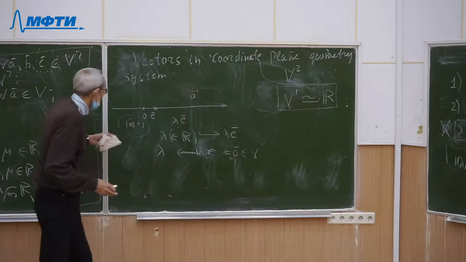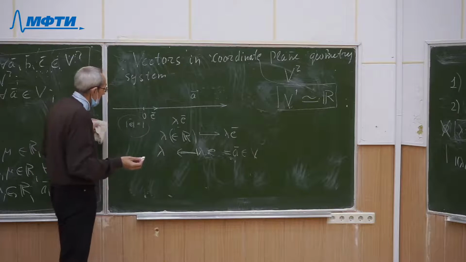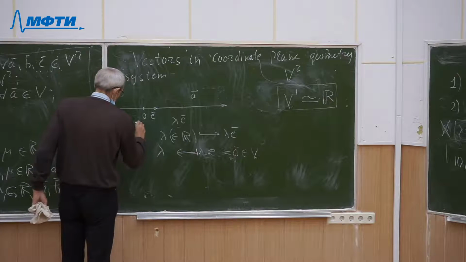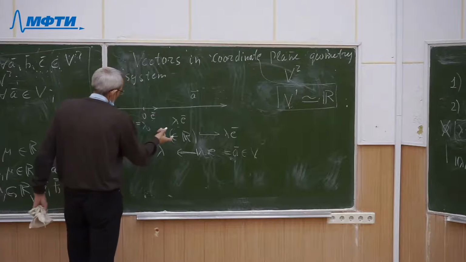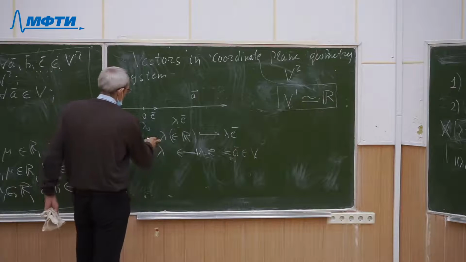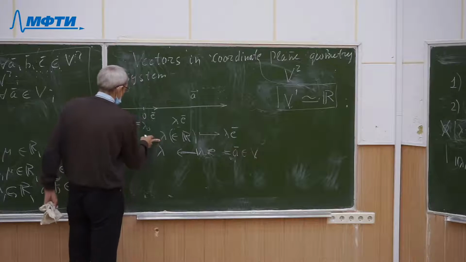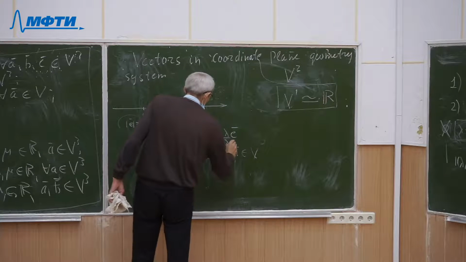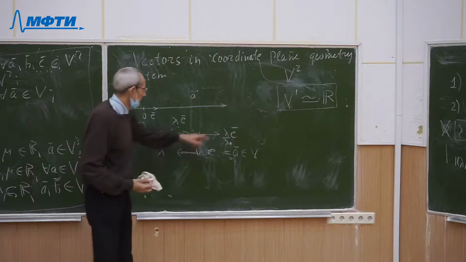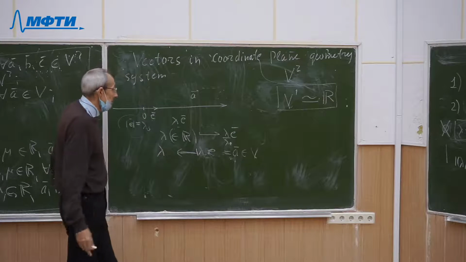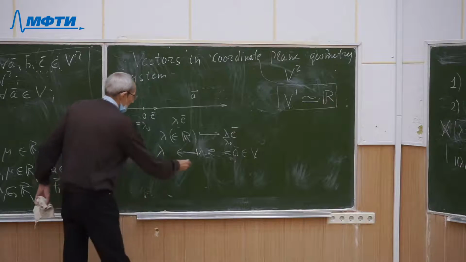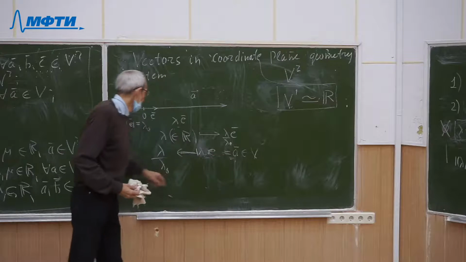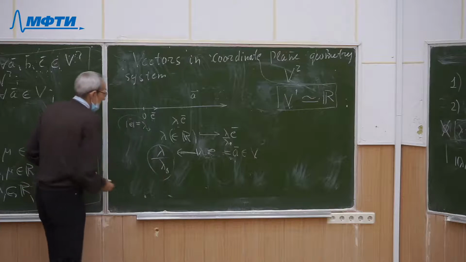Let's note that the length of this vector can be arbitrary, and if its length is lambda 0, the number lambda corresponds to the ratio of lambda and lambda 0, and the inverse mapping corresponds to an arbitrary vector A this ratio lambda 0.